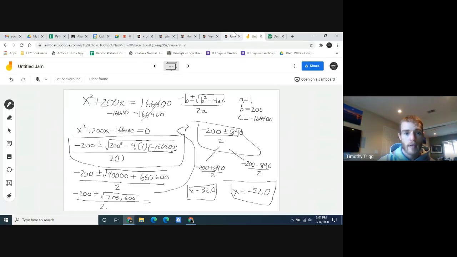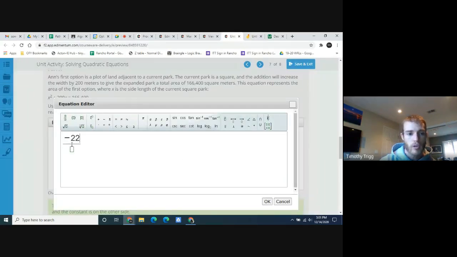So you could show some of this work. Like if I'm showing this, it'd be negative 200, plus or minus, square root, and then 200 squared, and minus 4 times 1 times negative, what was it, 166400.